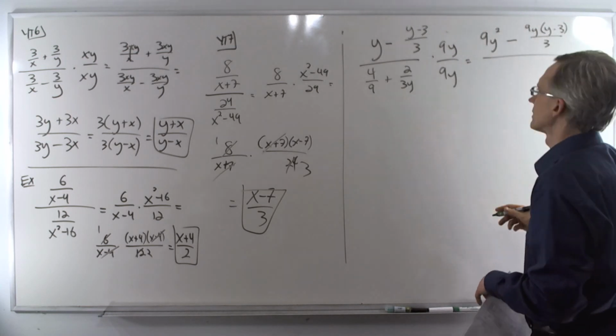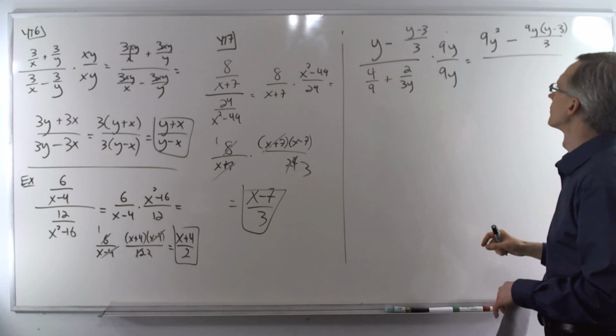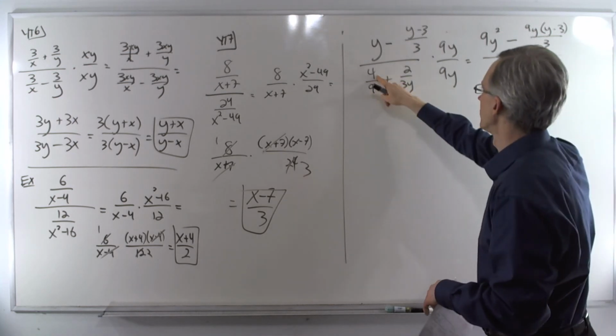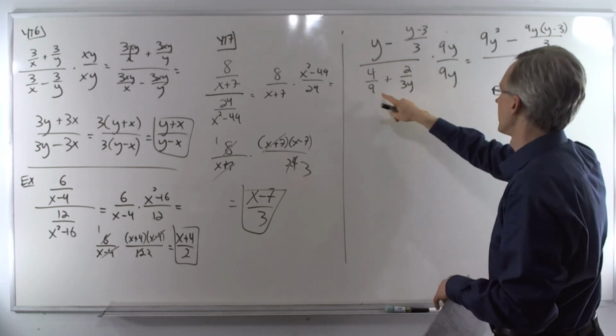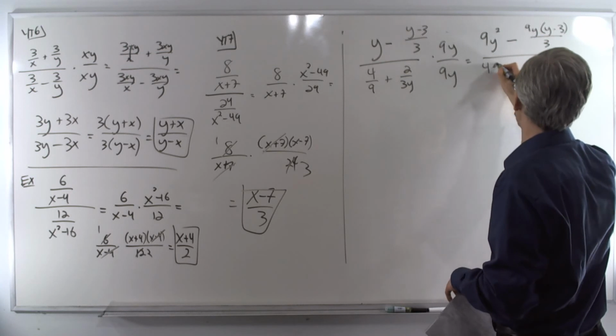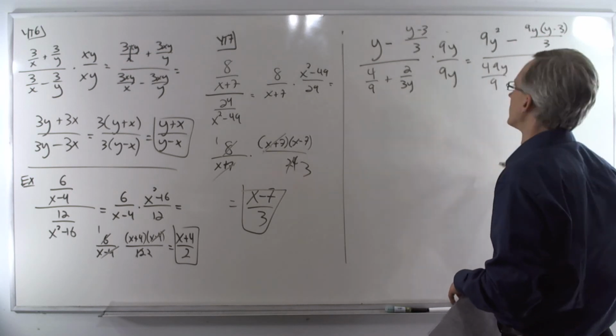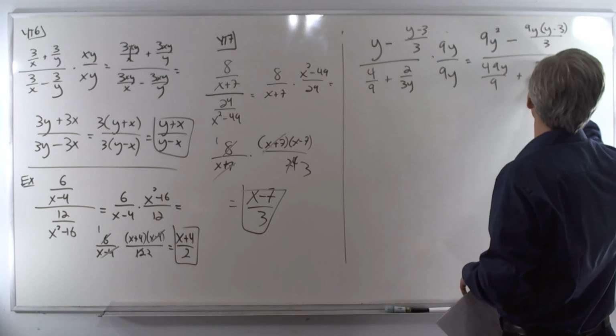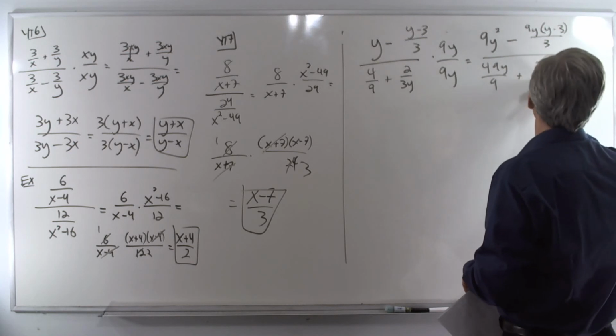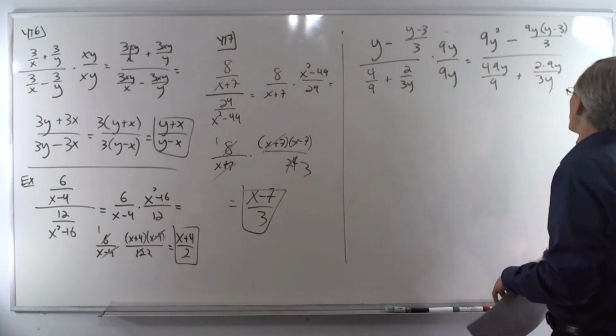And we'll do some canceling there, simplify that. Now over here, we're going to do 4 times 9y over 9. And here we got 2 times 9y over 3y.